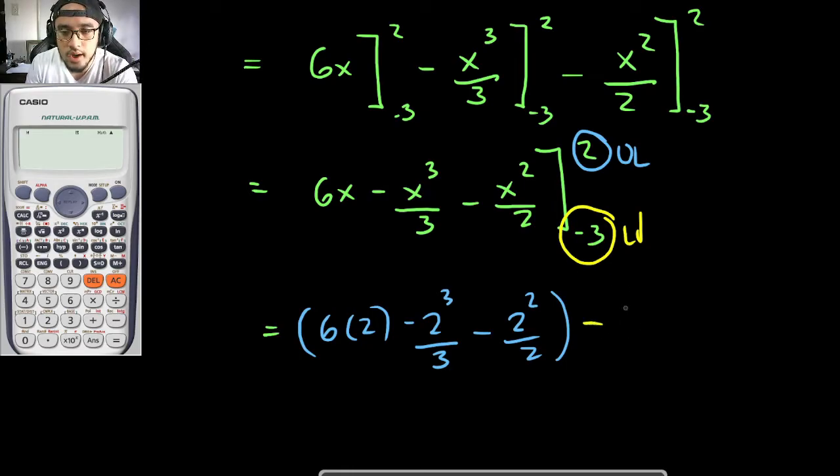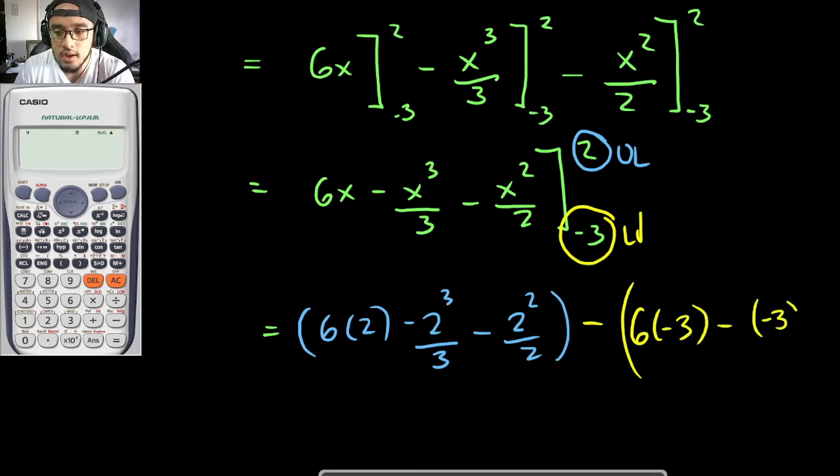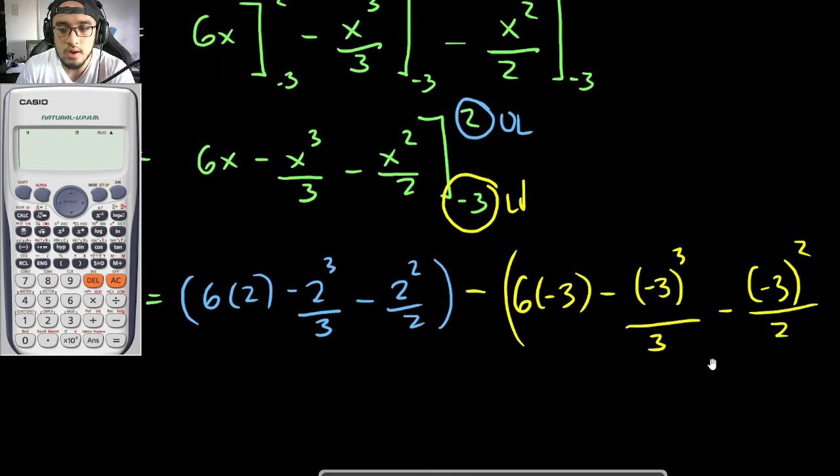Then we subtract our lower limit, which is 6 times negative 3 minus negative 3 cubed over 3 minus negative 3 squared over 2.